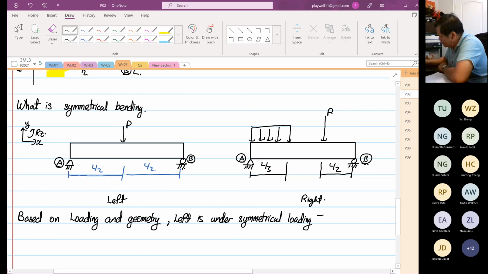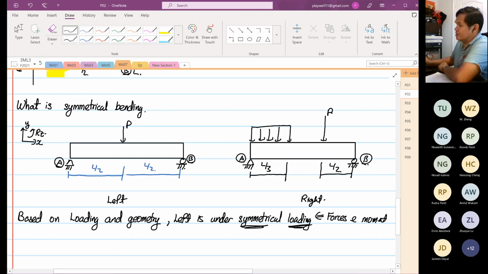Symmetrical loading in this sense means based on forces and moment. This is known as symmetrical loading. It is not the same as symmetrical bending. So let me elaborate.